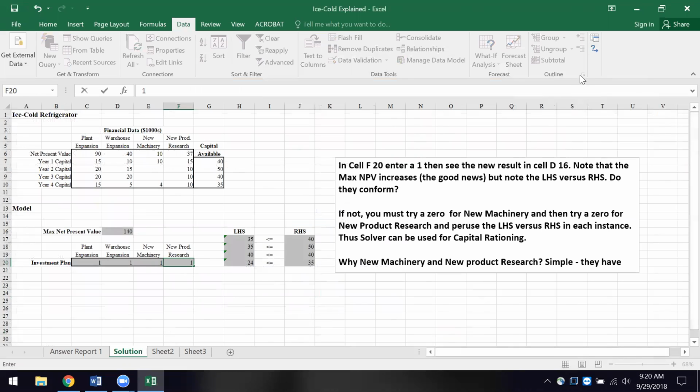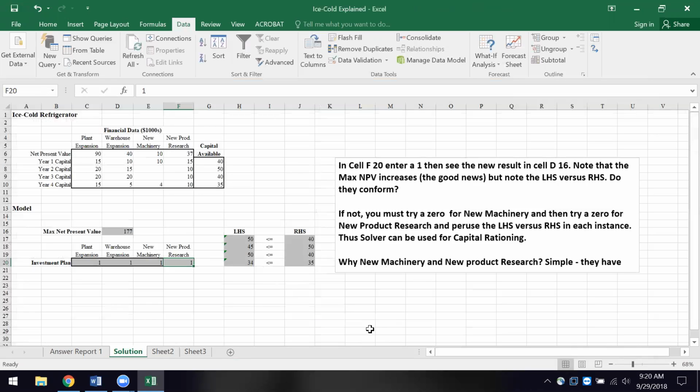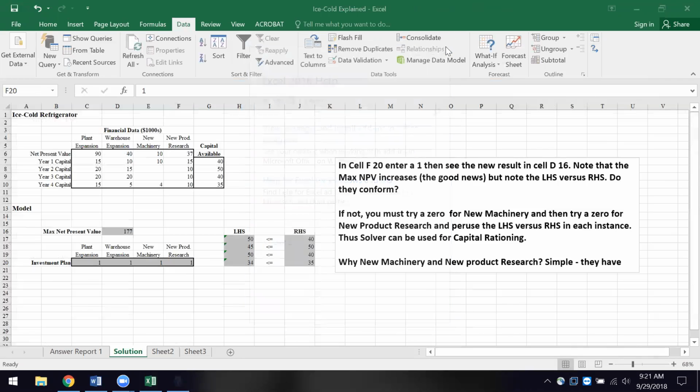Solver. I got my answer report. Oh, I don't want this. It's not playing nice with me today for some reason. And I don't know why.